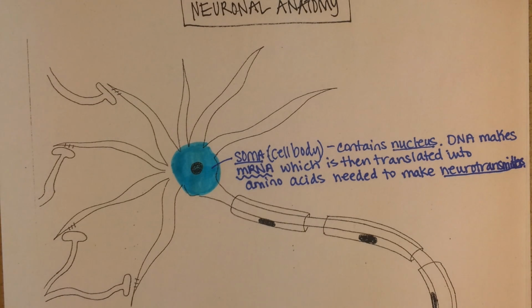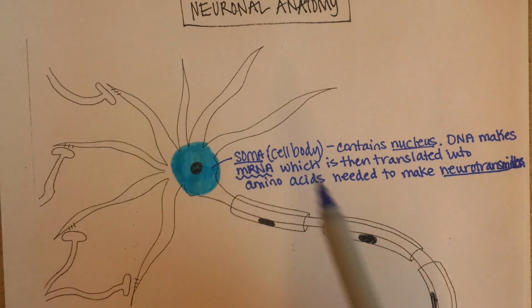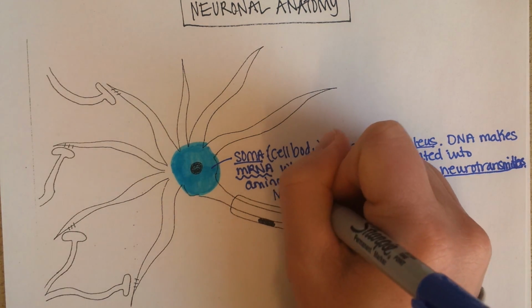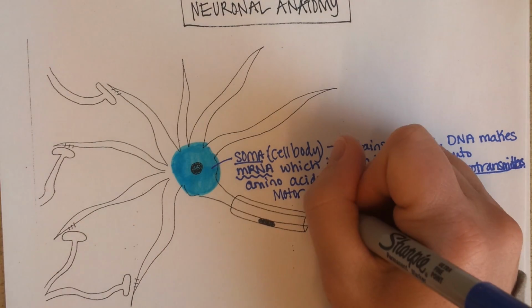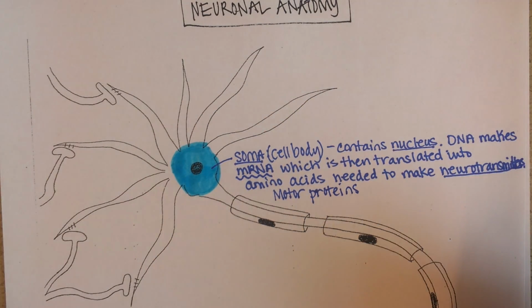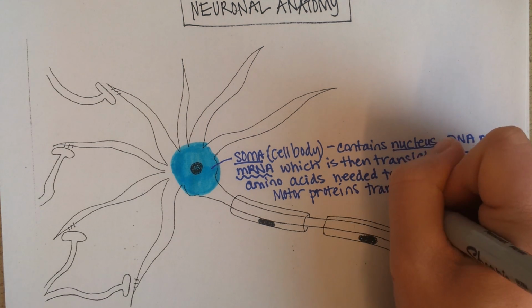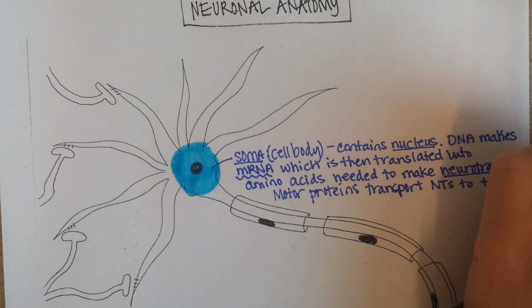Okay, here's the amazing part. These neurotransmitters, although made in the cell body, have to be transported by cargo freight trains, basically, motor proteins, transport the neurotransmitters to the axon terminal.